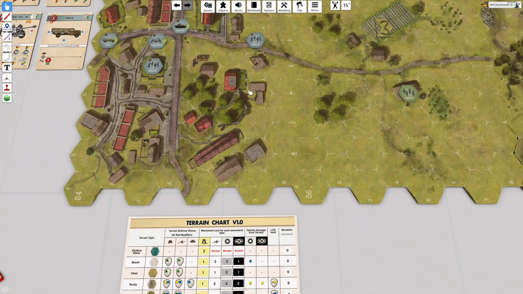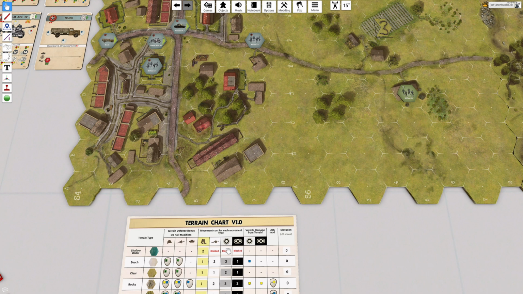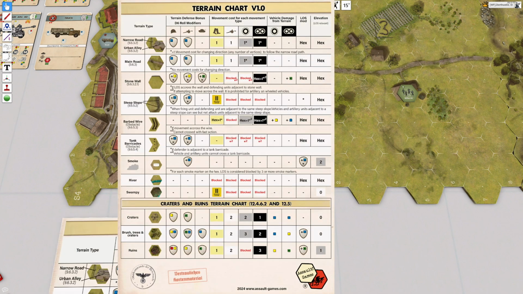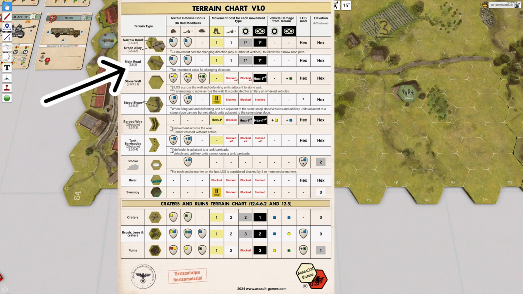And I want to move along this road, so I have to check the terrain chart. On the back side of the terrain chart you see a main road identified, second line from above, and in the middle you see the movement cost for each movement type. You see the movement type symbols, and we take the yellow one, the infantry symbol, and you see 1 hex costs 1 movement allowance.